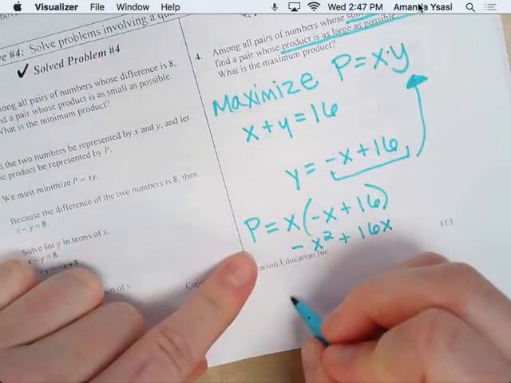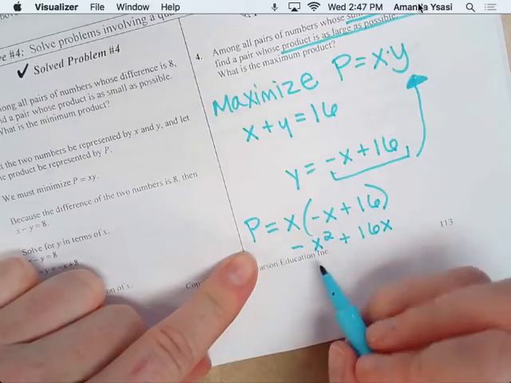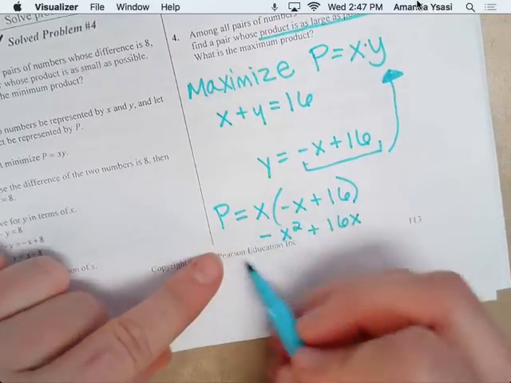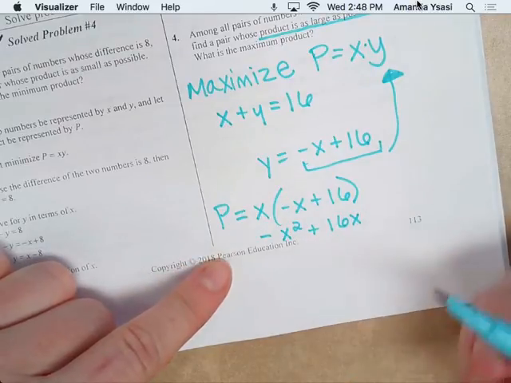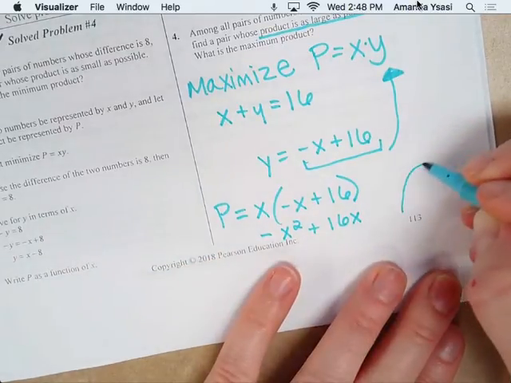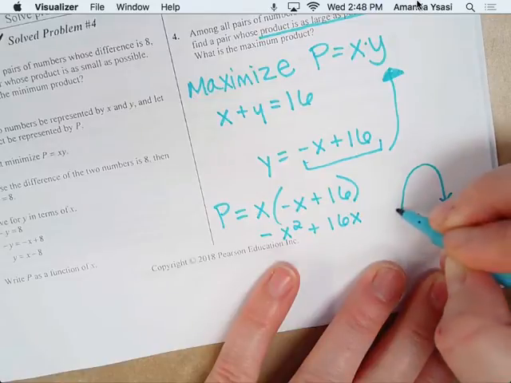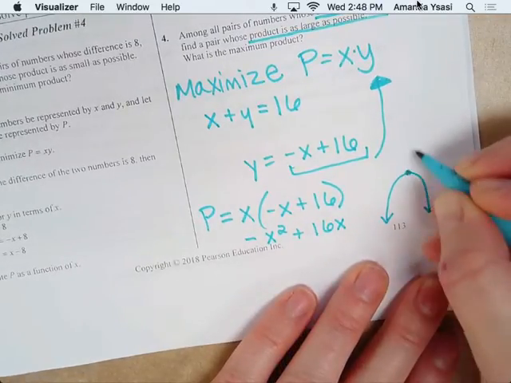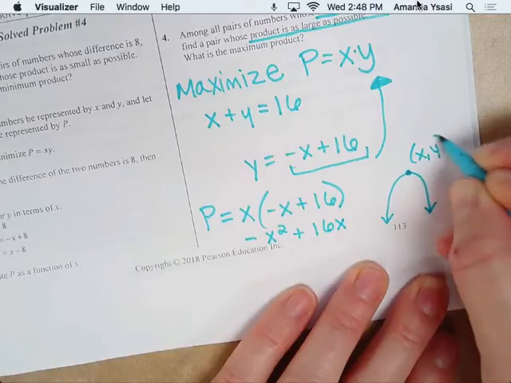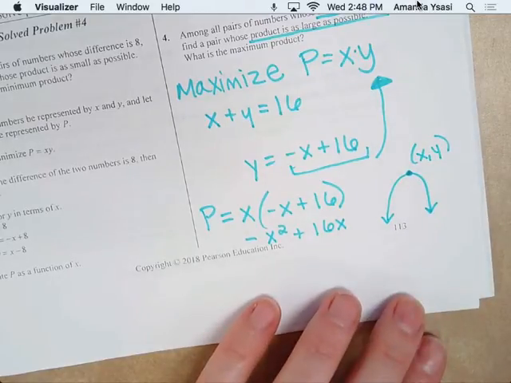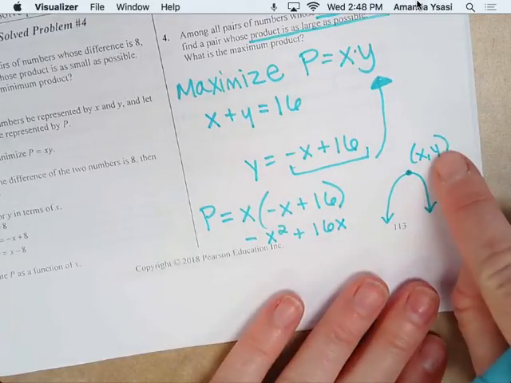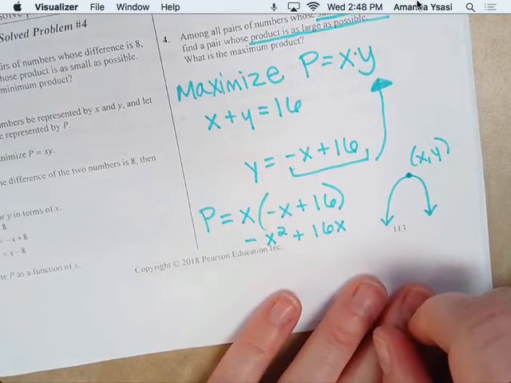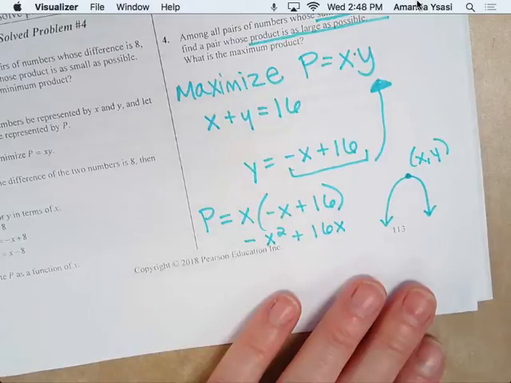So we are going to write this as a function of negative x squared plus 16x, and figure out the maximum point. Isn't the function going to look like this? And we want to know what that maximum point for x, y is. So this x, y should be, if you add them, you get 16. And if you multiply them, you get the largest possible value.